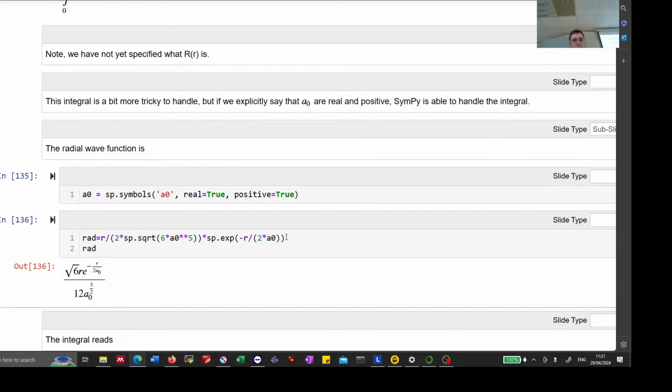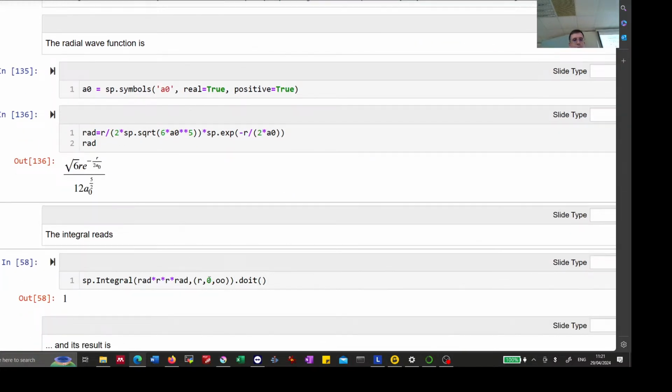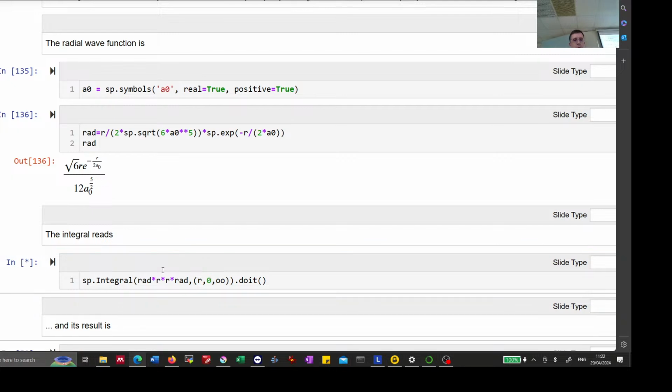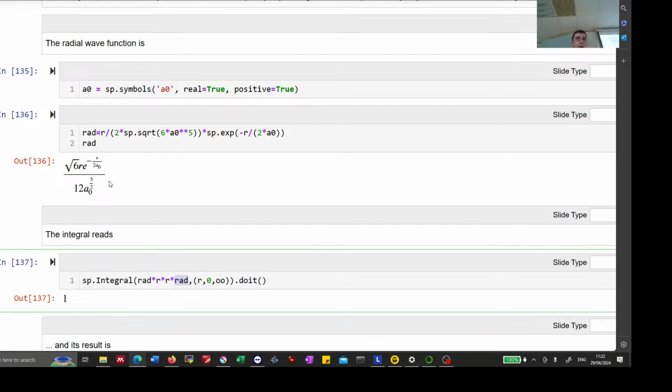Very good, right? And now the integral. Again, we have the radial function times r squared times rad. There's no complex number in that function yet. So if I use simply adjoint or just the integral, it will be the same.